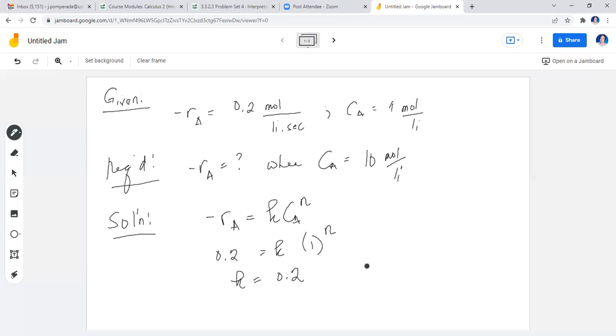Or if you want, you can write it as per unit time, and mole per liter raised to 1 minus n, based on our formula. So this is the set of units for your case, still general because you do not know what your n is. Okay? So this is for problem 3.1 from Levenspiel. Do you have any question?